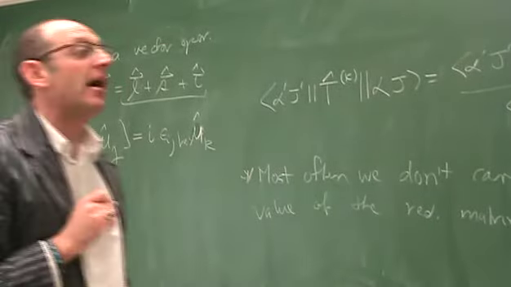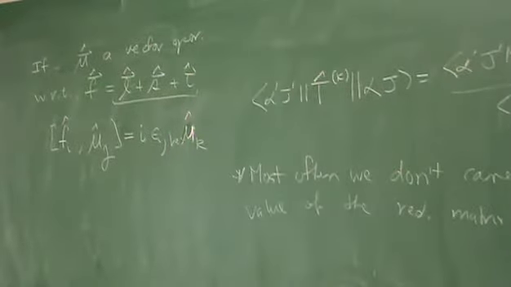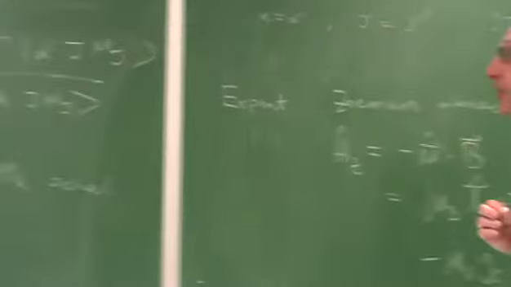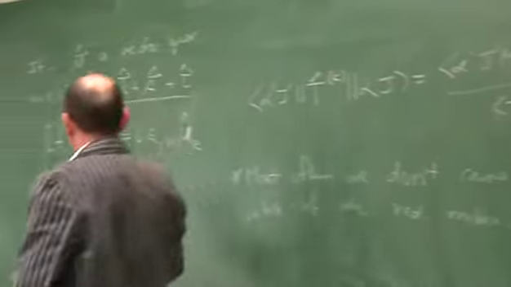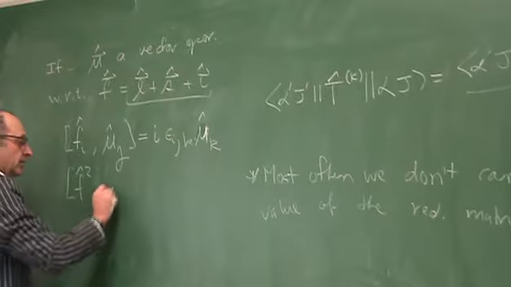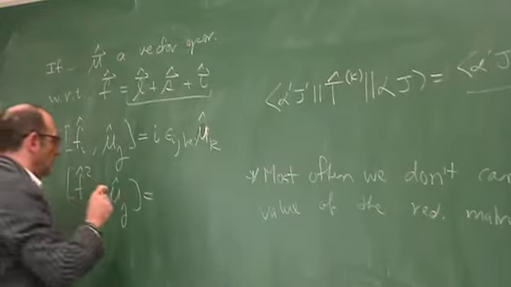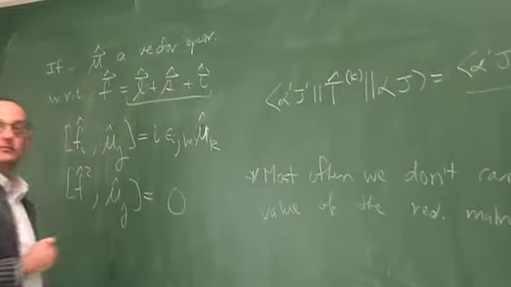So then we can think about the Wigner-Eckhart theorem. Oh, yeah, of course, the other thing that would have to be true is that F squared has to commute with each component.